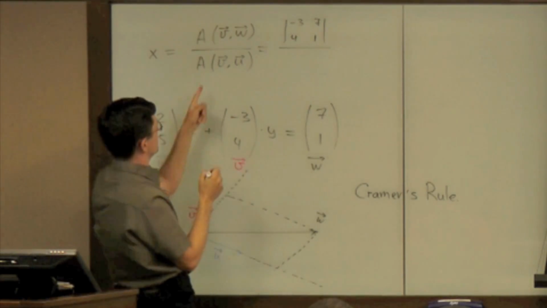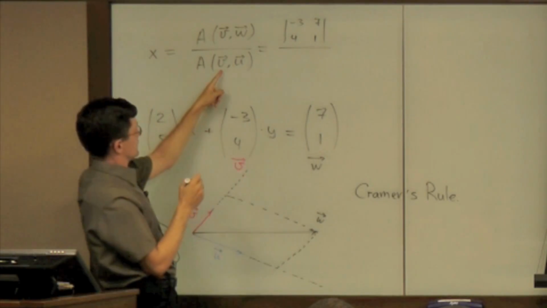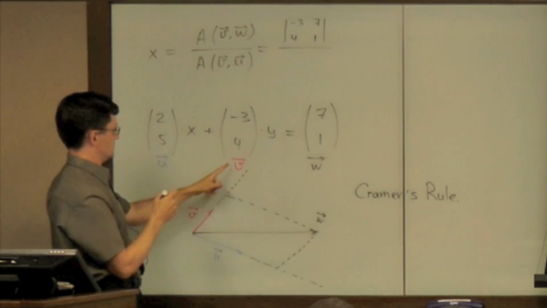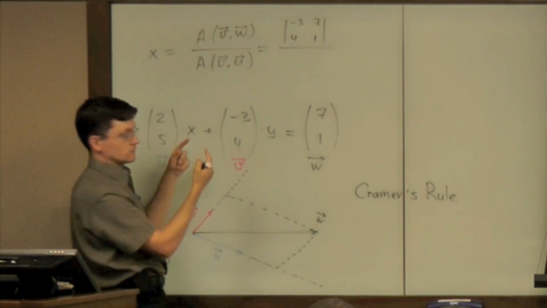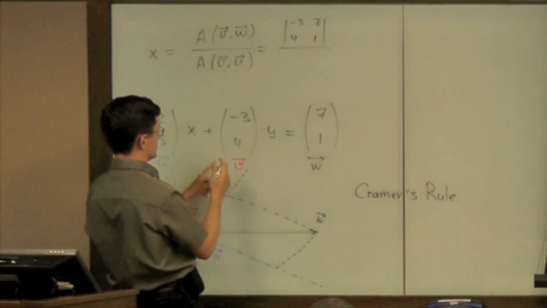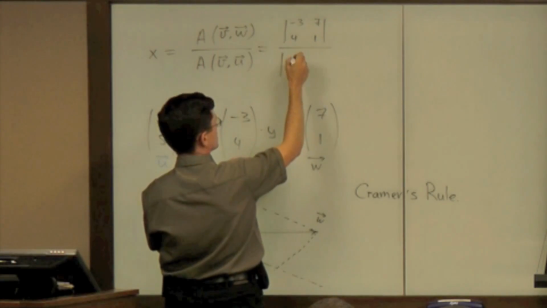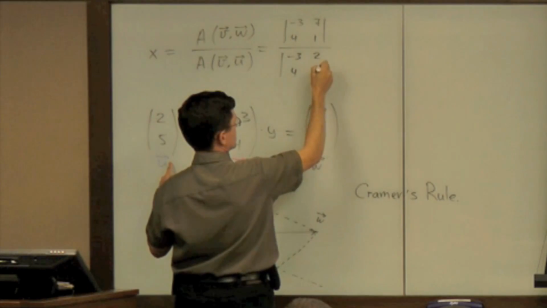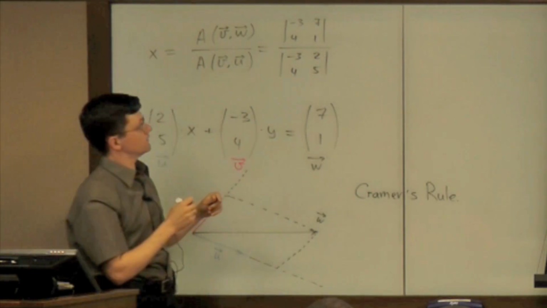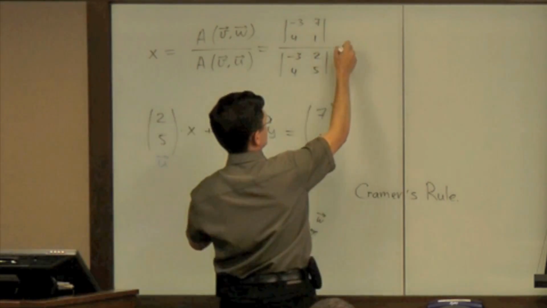That's the area. I will have to put together V and U. And notice V and U, not U and V. And so we keep track of the order. So I put V first, -3, 4, and then U, 2, 5. And then I can compute those.